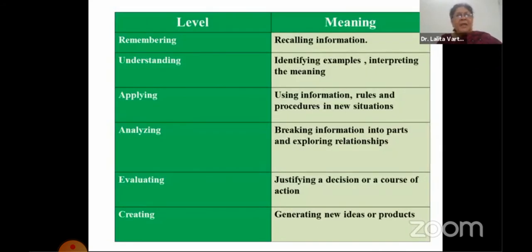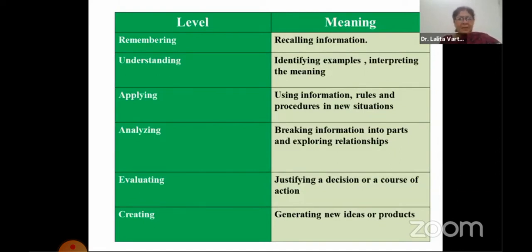To get a feel of all these levels in a nutshell, I would say that remembering refers to recalling of information. Understanding refers to things like identifying examples, interpreting meaning, explaining something.